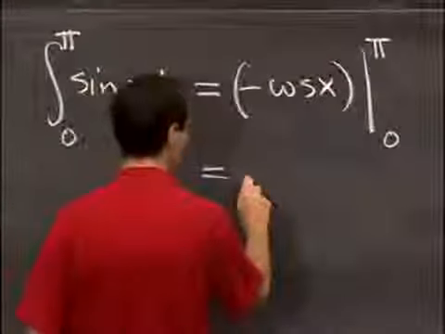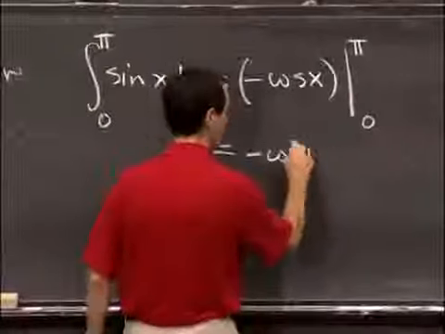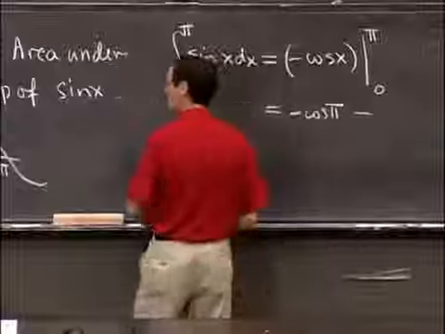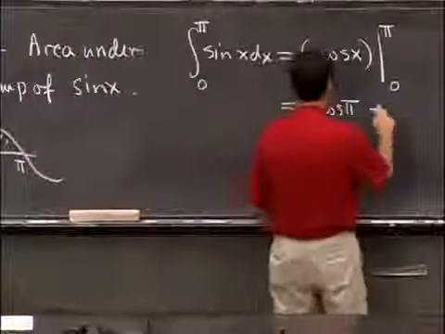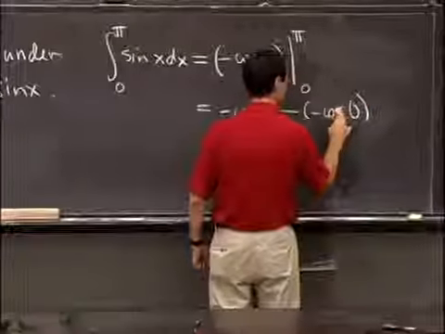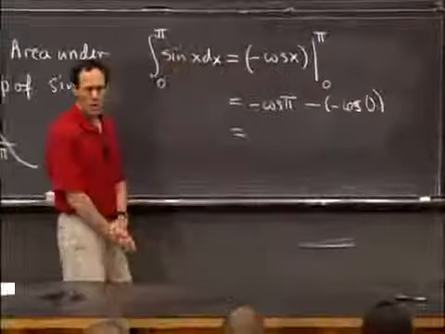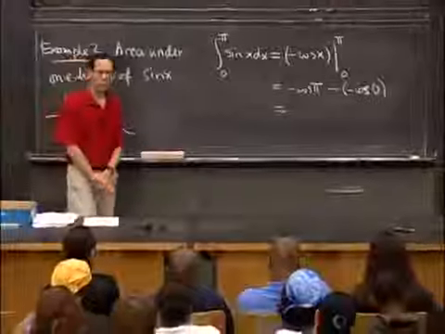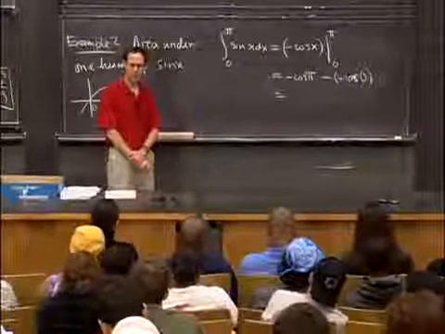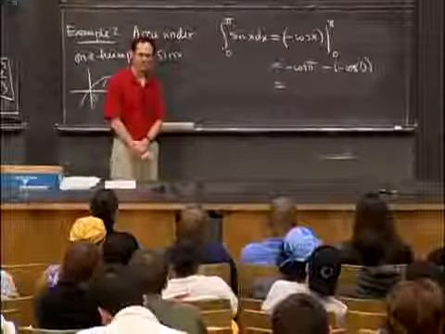I'm plugging in pi. That's minus cosine pi. That's the first term. And then I'm subtracting the value at the bottom, which is minus cosine of 0. All right? There were already 5 opportunities for you to make a transcription error or an arithmetic mistake in what I just did. And I've seen all 5 of them.